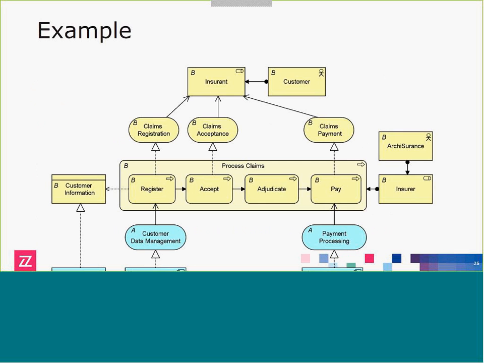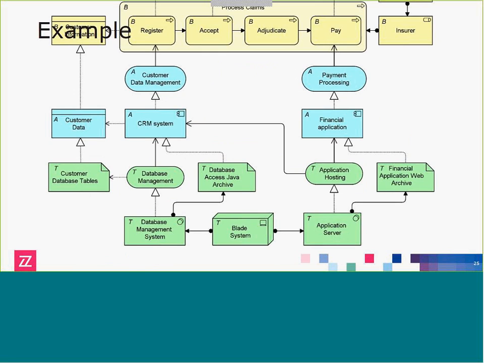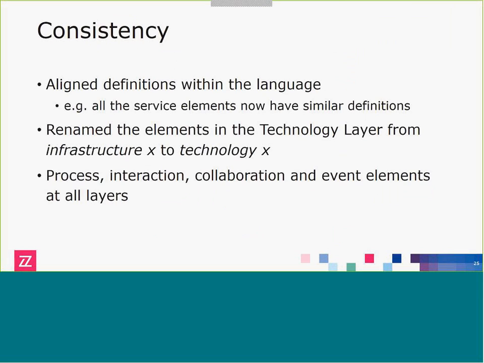If you look at this here, you see the little B corner for business layer, the A for application layer, and the T for the technology layer. So that's one example of how to use that. Of course, in this example, it would be pretty clear where things are, but this would be helpful as well. It's an optional notation. You're not obliged to use this, but it might help you.